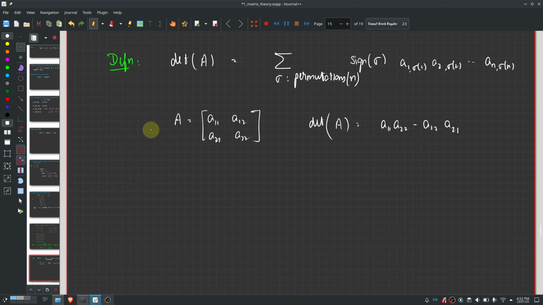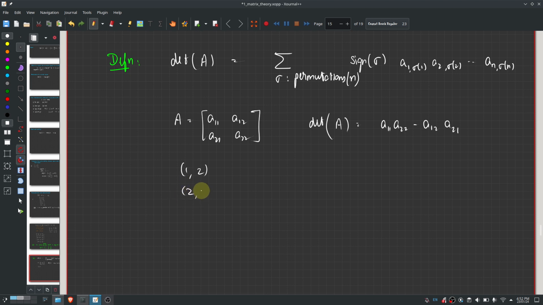So let's look at A. It's a 2 by 2 matrix, so we need to consider all possible permutations of 1 comma 2. What is the set of all permutations of 1 comma 2? One is the identity permutation, which just takes 1 comma 2 to itself, 1 comma 2. What is the other permutation? 2 comma 1.